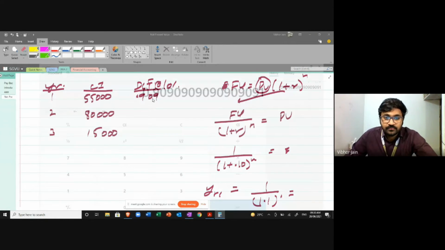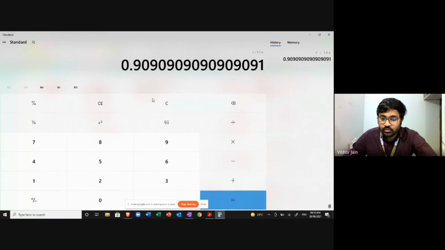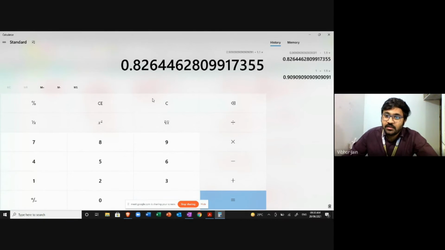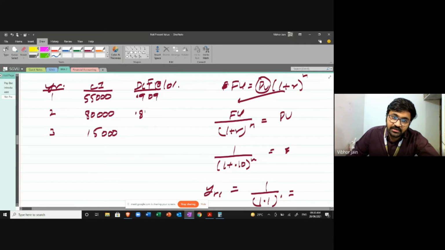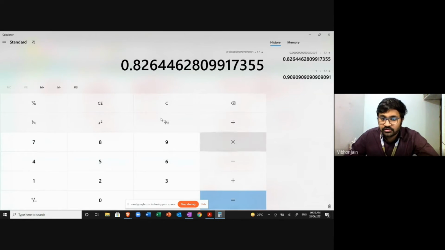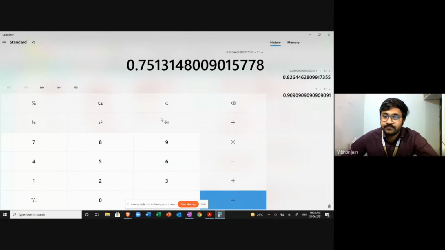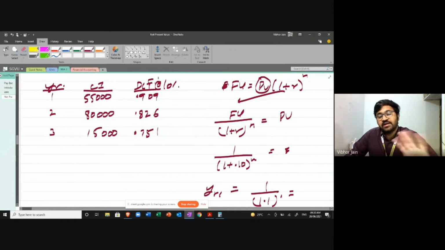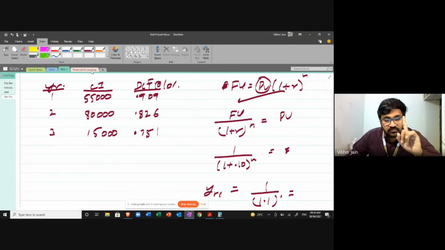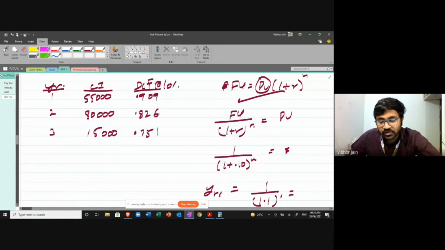For year 2, I'll press equal to once again; it is 0.826. For the next year, I'll press equal to once again; it is 0.751. This is my discount factor. This is the value of 1 rupee after 3 years, this is the value of 1 rupee after 2 years, and this is the value of 1 rupee after 1 year. I hope that is clear to you.